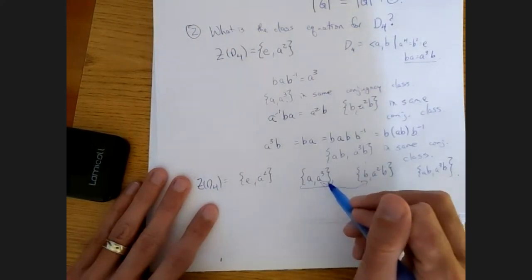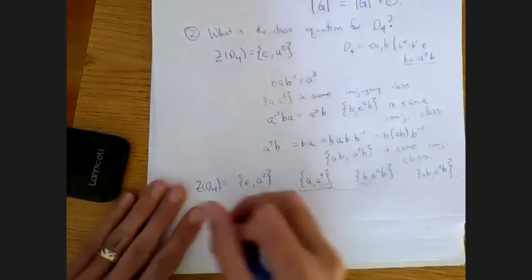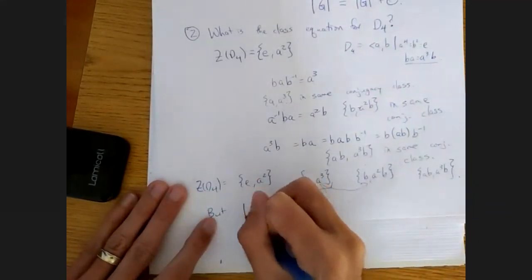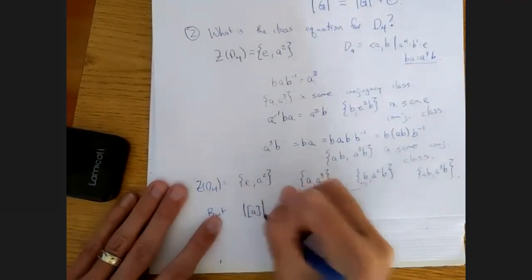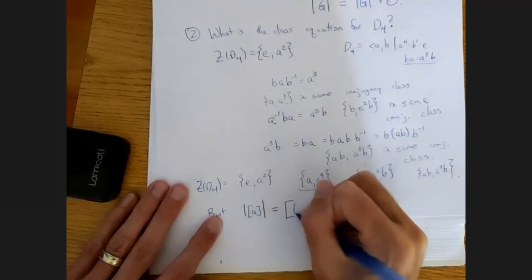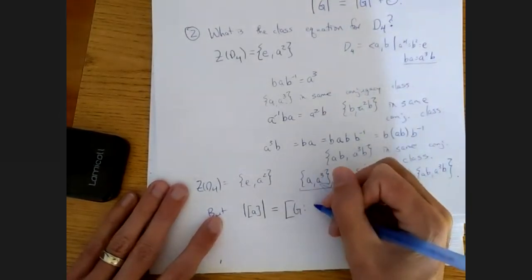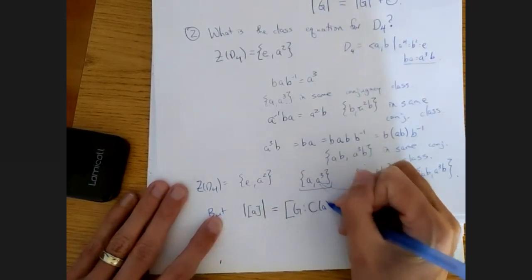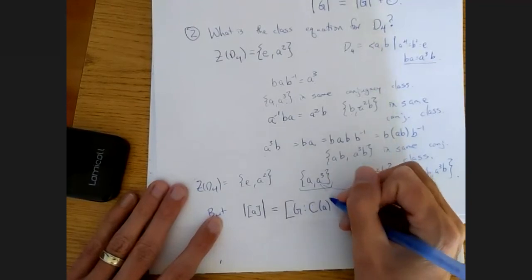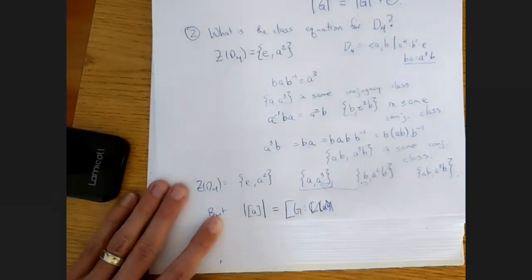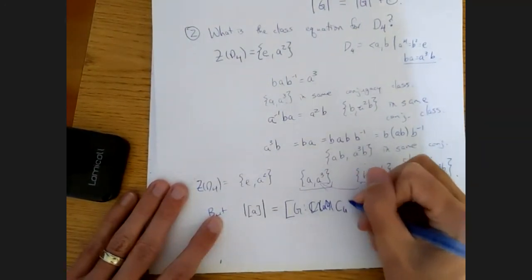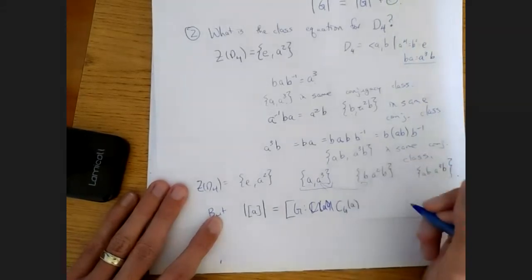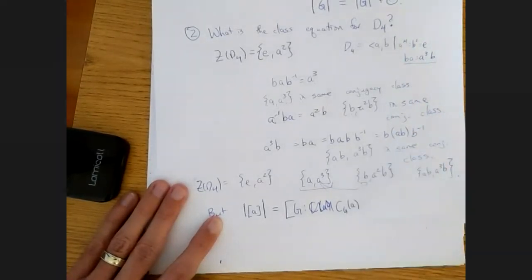number of elements in the conjugacy class of A equals the index of the stabilizer of A in G. We'll write the stabilizer as C sub G of A. That's maybe better.